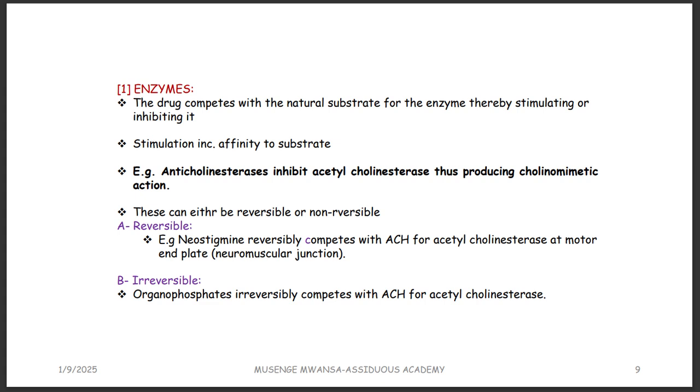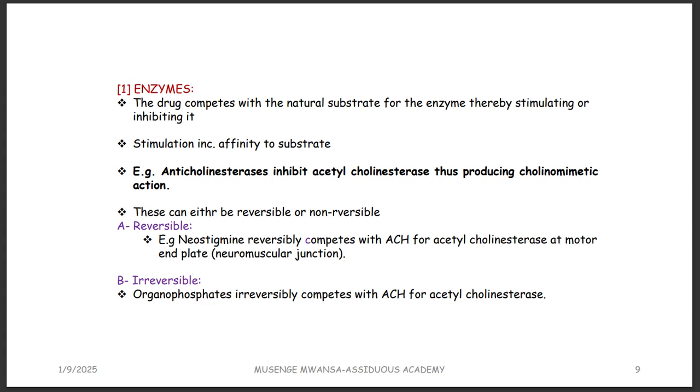Acetylcholinesterase is the enzyme that breaks down acetylcholine. Actually, this enzyme is the one that is responsible for weakness in myasthenia gravis. So what should happen is that you should give a drug that is going to come and bind to the receptors to prevent the breakdown of acetylcholine.